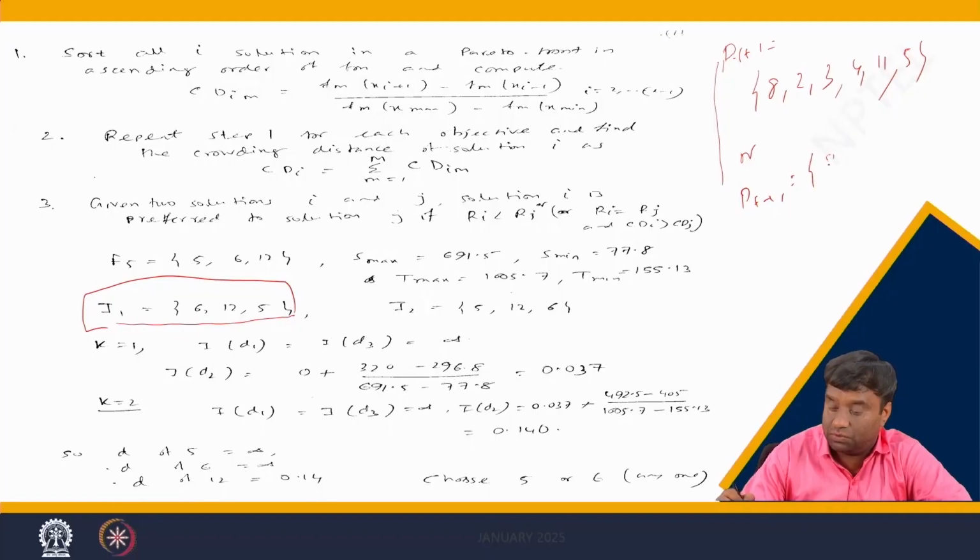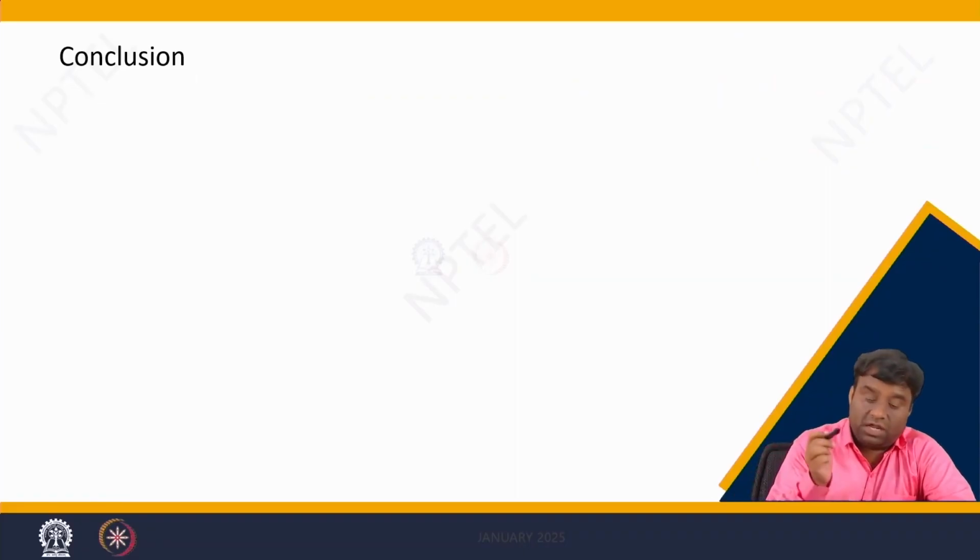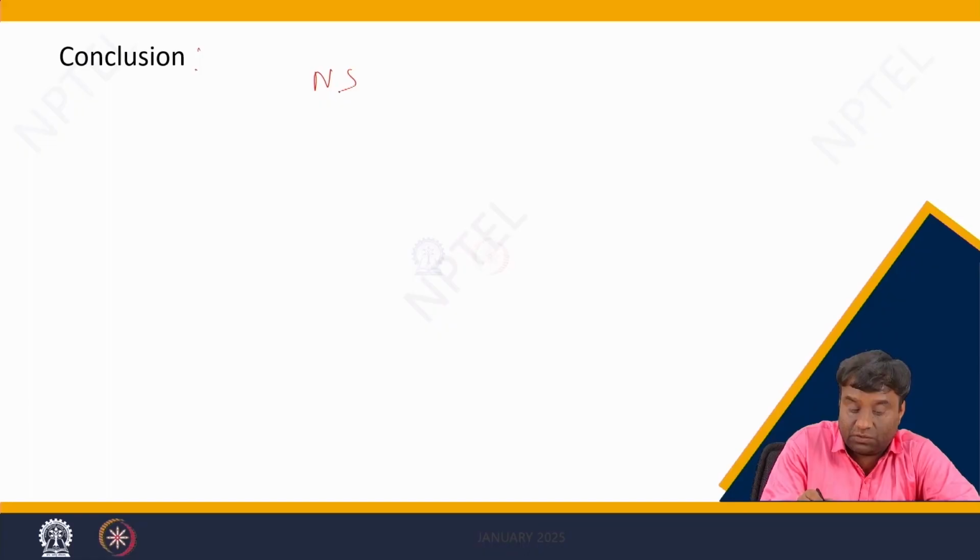So 8, 2, 3, 4, 11 and 6. Then you need to do the next iteration the same way, that is the non-dominated sorting as well as the crowding distance, and you need to apply the NSGA-II algorithm. Okay. So in conclusion, I hope you have understood the details of NSGA-II.